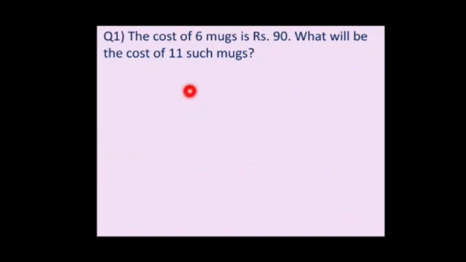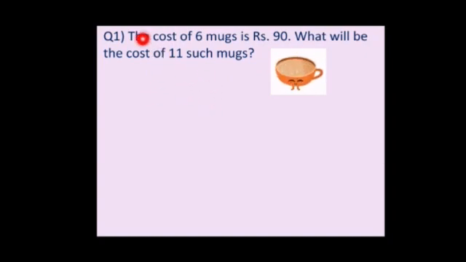Right? Here question number 1 is: the cost of 6 marks is rupees 90. So what will be the cost of 11 such marks? So dear students, what does the unitary method say?